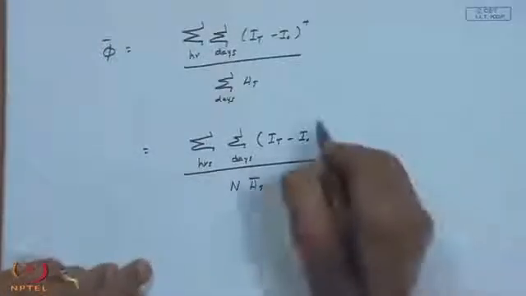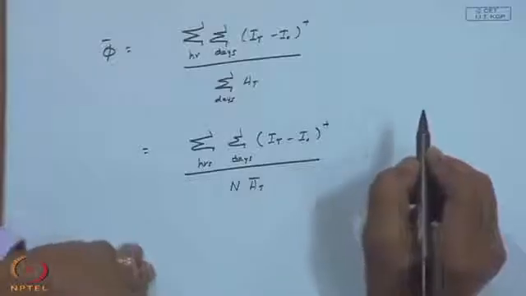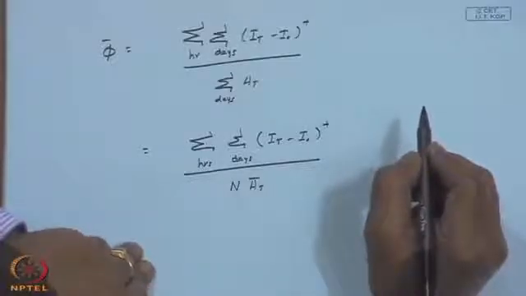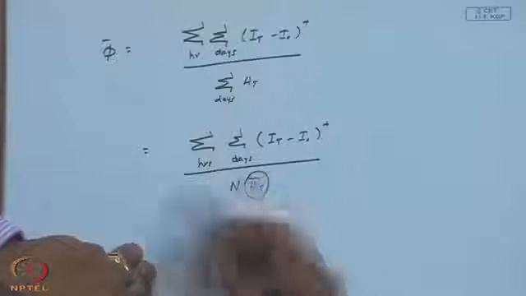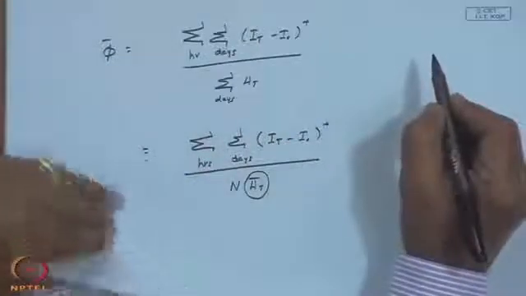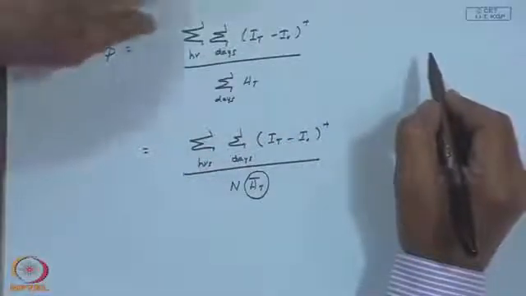One of the reasons why I am writing this, though it is very simple algebra, is that now you will understand why we were worried about calculating H t bar, tau alpha bar, etc., in the beginning.